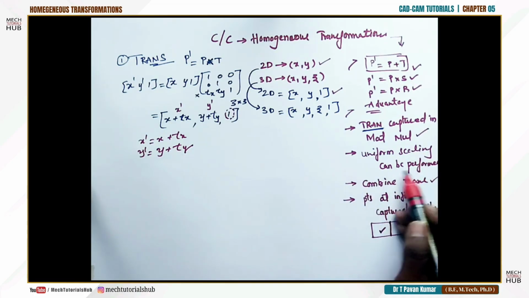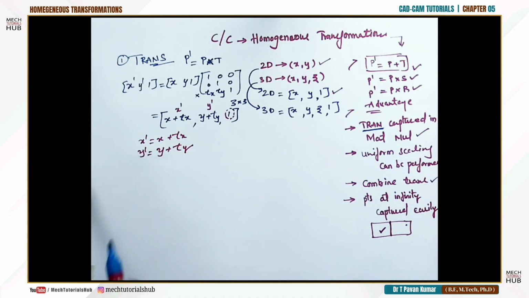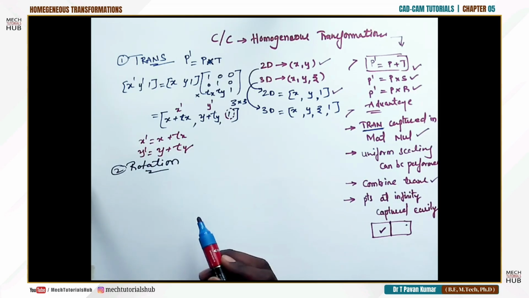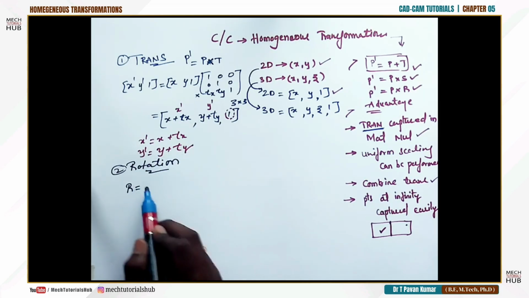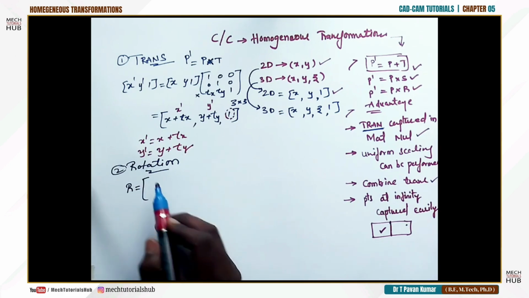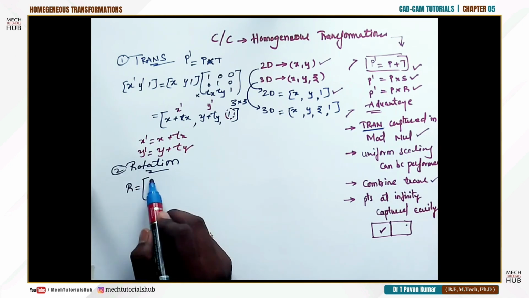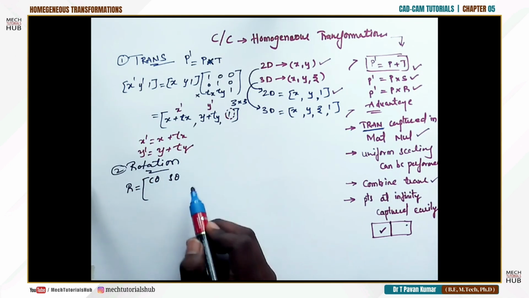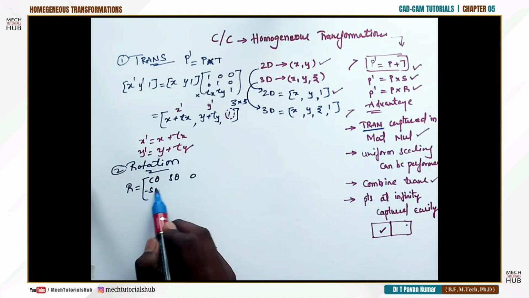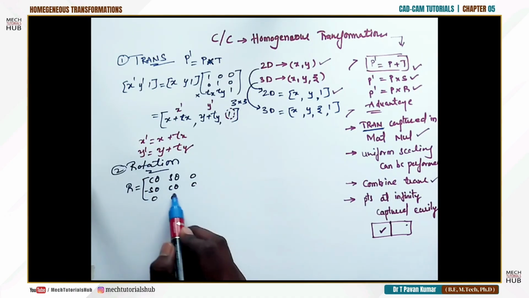Now the second point, I said uniform scaling is possible. That we'll also try to justify. Let us consider the second one as rotation. For this rotation, again the matrix is written in this format. R is equal to, it is a 3 by 3 matrix, as I said. Cos theta, I'll write it as C theta, sin theta, S theta, 0, minus sin theta, cos theta, 0, 0, 0, 1.